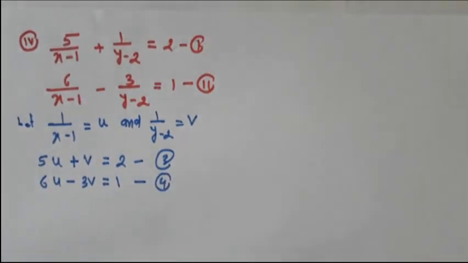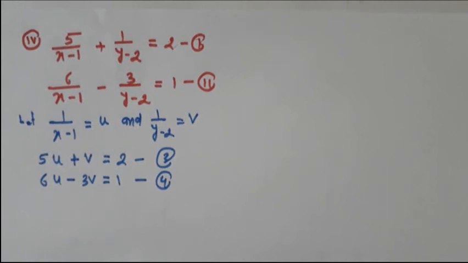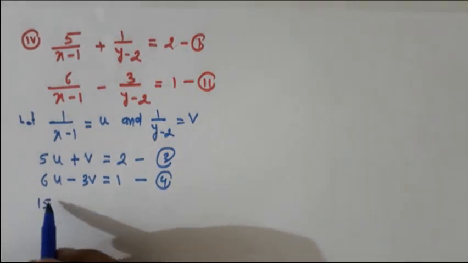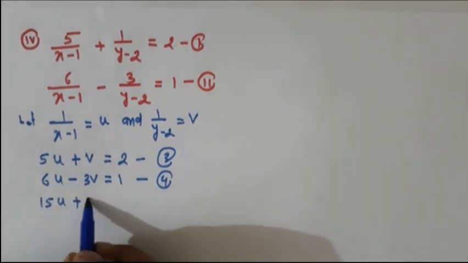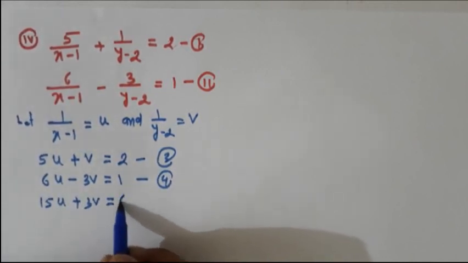We have to solve the third and fourth equations to find the values of u and v, and with the help of those values we can find x and y. That is very simple. Here v and v can cancel, but multiplying equation number 3 by 3, the 3v and 3v will cancel. So that will be 15u plus 3v is equal to 6.